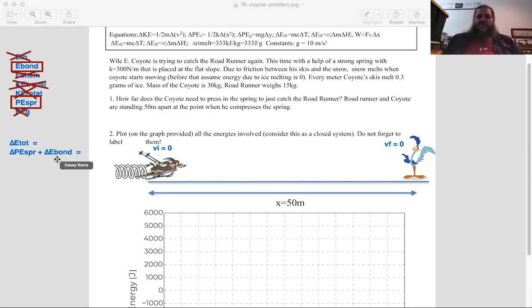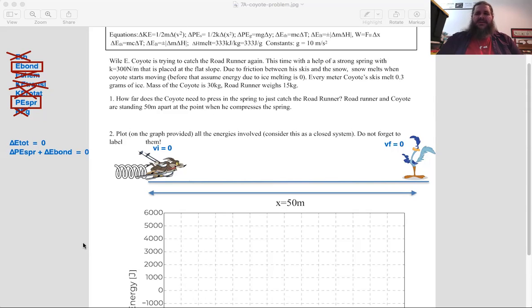And in a closed system, what's the change in total energy? Right, the total change is 0. So we can treat this as a closed system because even though there's friction causing a transfer of energy to delta E bond, we are including that delta E bond as part of our system.